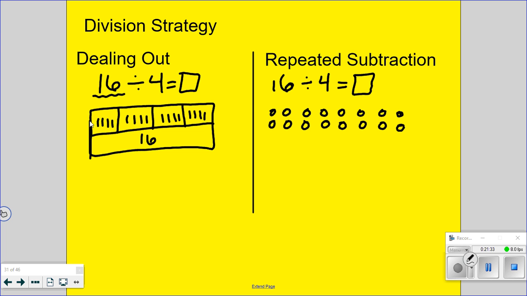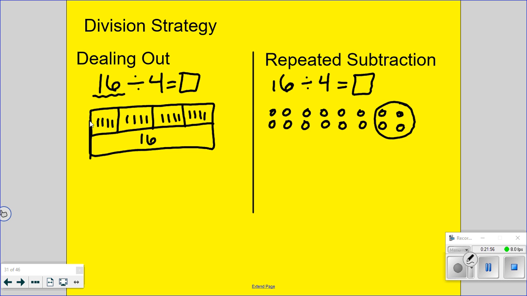I'm not sure. And I know that second number, Colby, that tells me, hey, I need 4 groups. So what I'm going to do is I'm going to circle 4 of them. Circle 4 of them.